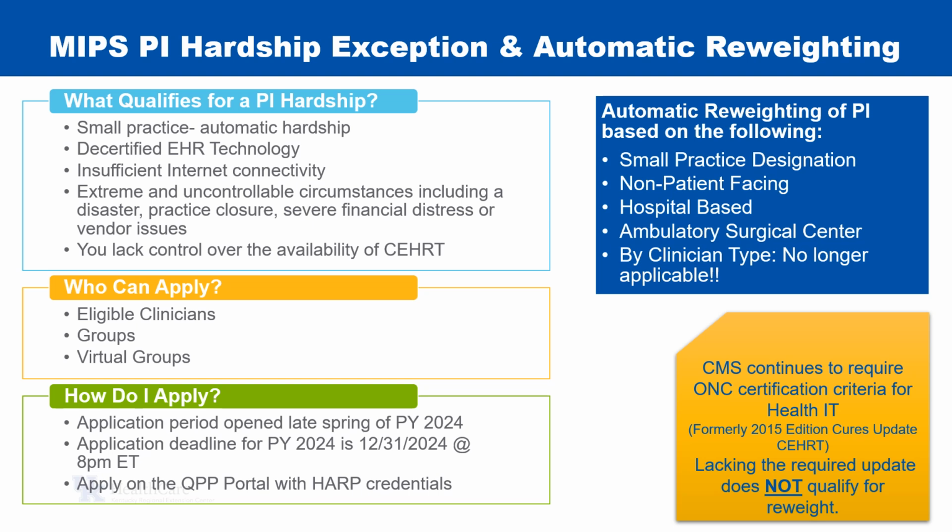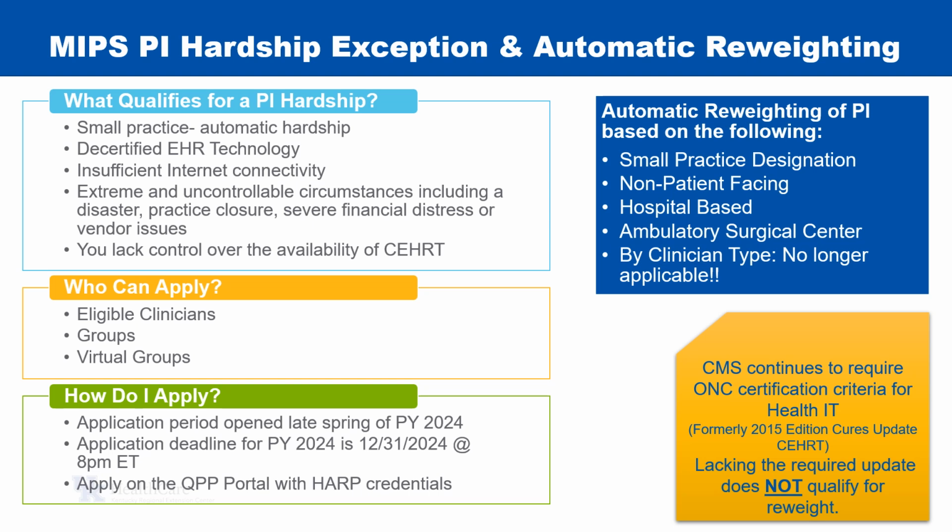The automatic PI reweighting that I mentioned earlier, again, that applies to that small practice designation. Small practice is defined as 15 or fewer eligible clinicians tied to a tax ID. You can also be deemed non-patient facing at that individual or that group level, hospital-based. You can be an ambulatory surgical center.